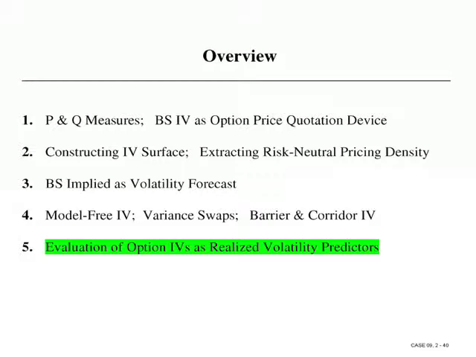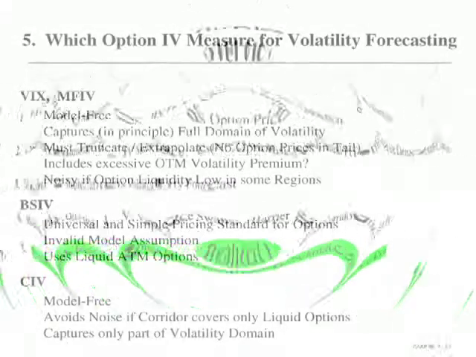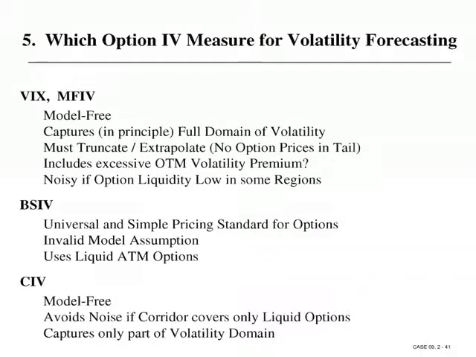So this is an age-old question, and people have written papers on this for about 20 years at least, since reliable option prices came out, in terms of how well the option implied Black-Scholes measures forecast volatility versus GARCH models and things like that. This whole thing has now shifted to how well model-free implied variance or corridor variances forecast realized volatilities going forward. It's the same age-old question, but with refined techniques in some sense. As techniques and measurements improve, we rephrase the questions, but the fundamentally underlying issue is the same.